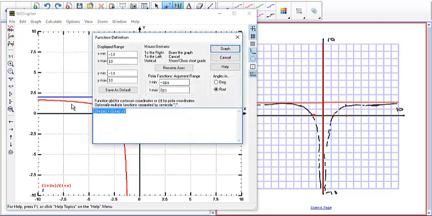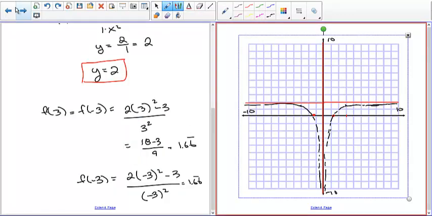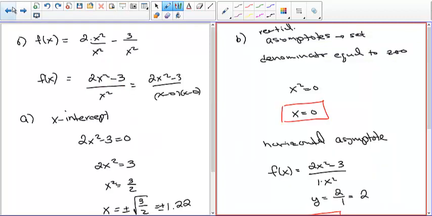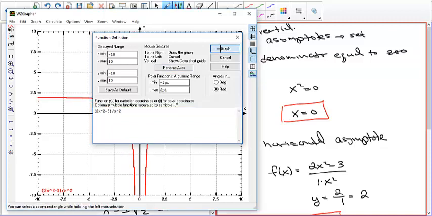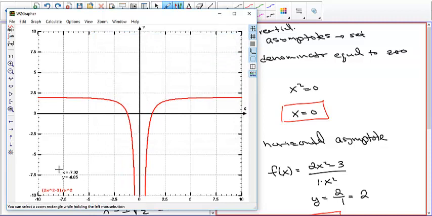And I forgot what it was. Let's go over here and do it. 2x squared minus 3 over x squared. And there you go. So it does look like what we just did.